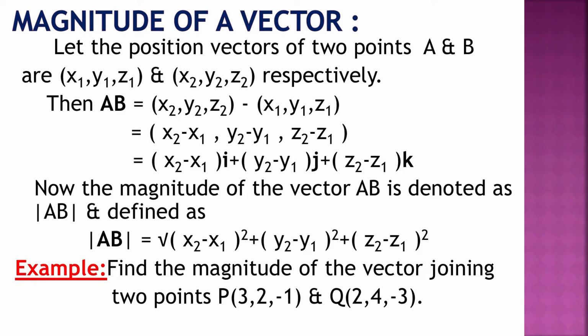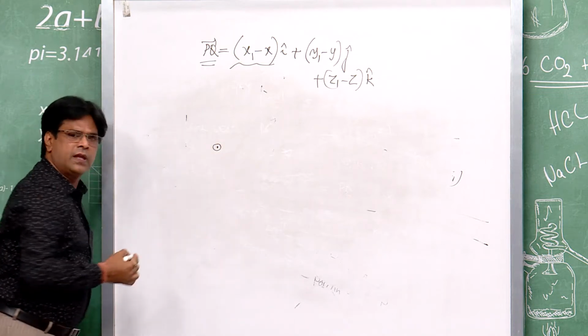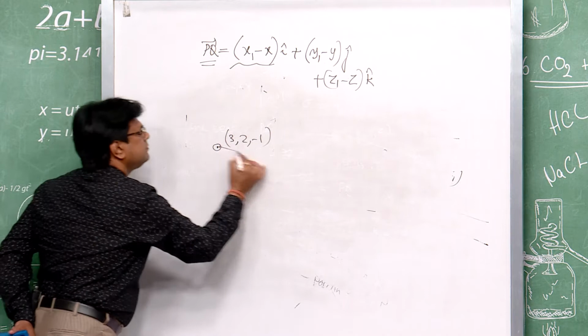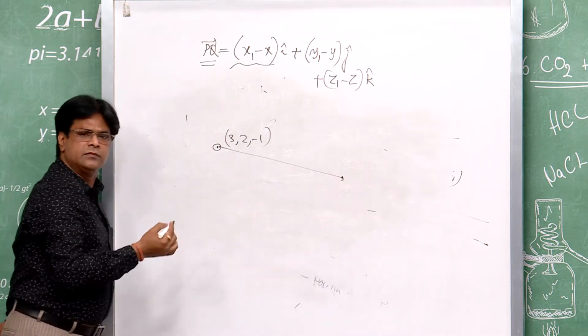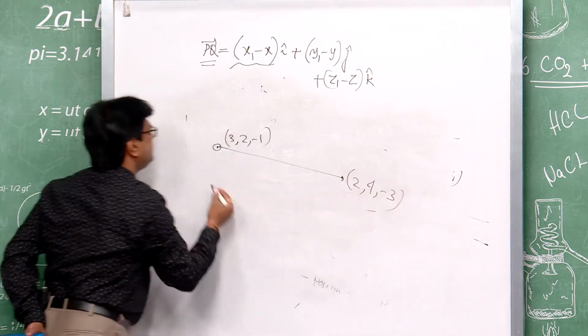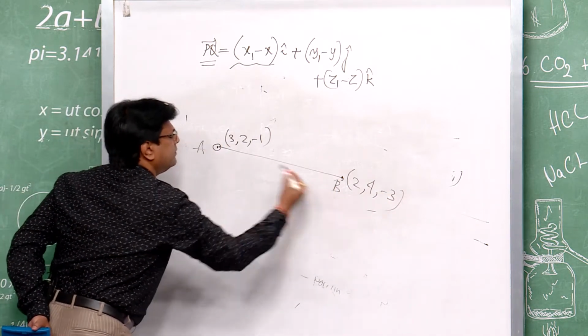You can easily then find it. Suppose we take an example: find the magnitude of the vector joining 3, 2, minus 1 and another point 2, 4, minus 3. This is your A point and B point.